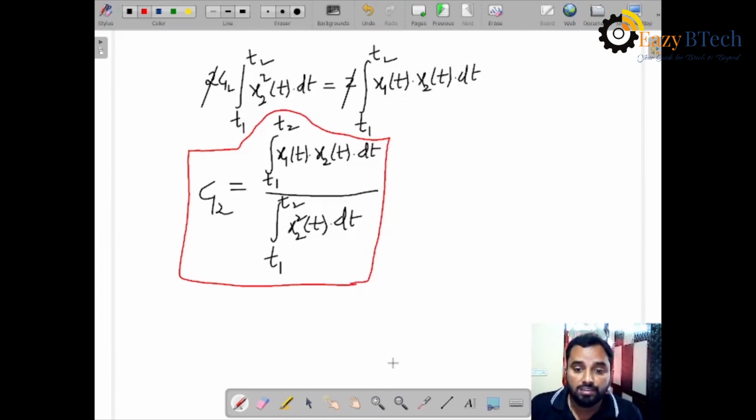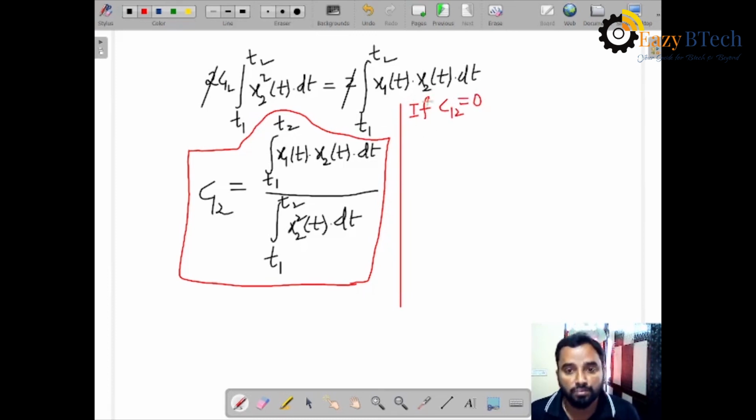Now the case is, same as we discussed in vectors, if C12 is 0, how will C12 become 0? If C12 is 0, that means the numerator integral, integral t1 to t2 x1 of t into x2 of t dt, is equal to 0.